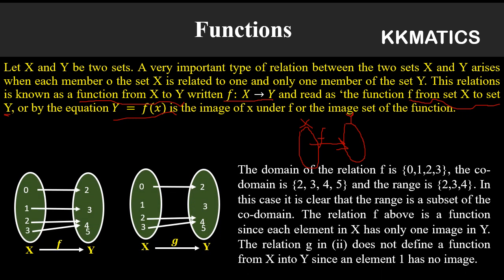So from this we can tell that this is the domain. We already said that in our earlier video, part 1 of it, where we talked about what the domain is. And this is the codomain.